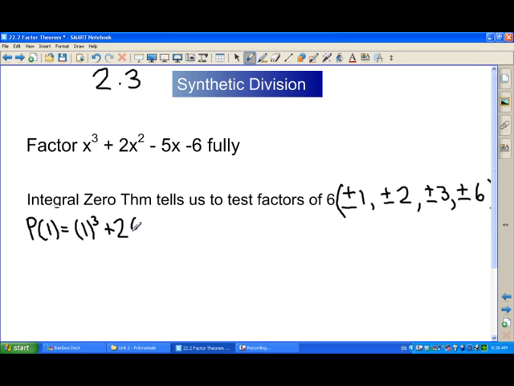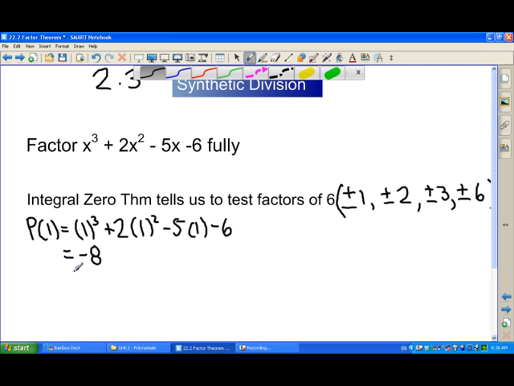So I'm plugging in 1 for all the variables and evaluating, and I end up with a value of -8. So what this means is if I divide this polynomial by a binomial of x minus 1, I would have a remainder of -8.